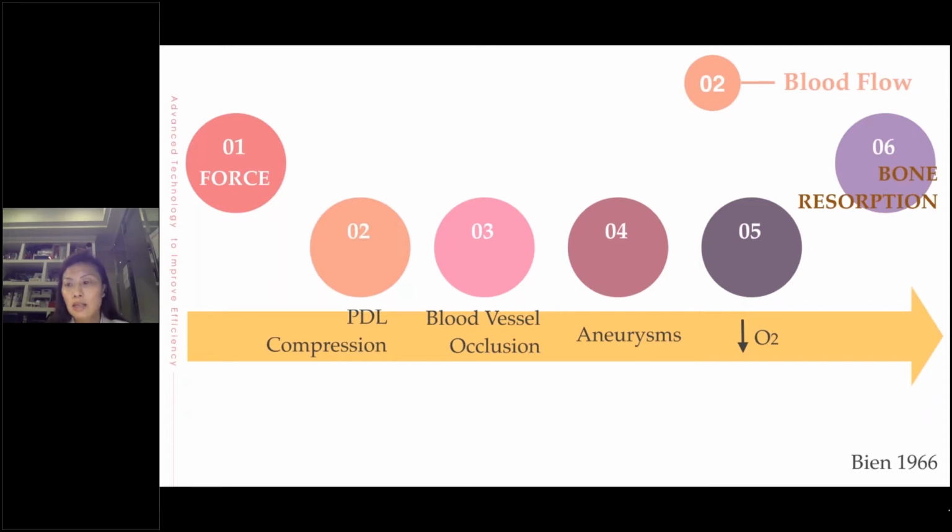When a force is applied to a tooth, you'll find PDL compression. As a result, the blood vessels have some occlusion, and then you get a ballooning of the blood vessels and a decrease in the oxygen level that causes bone resorption, and then tooth movement follows. This is the blood flow theory.